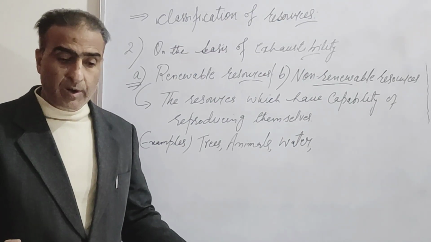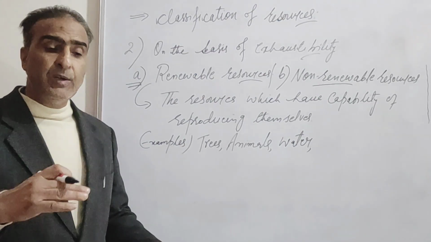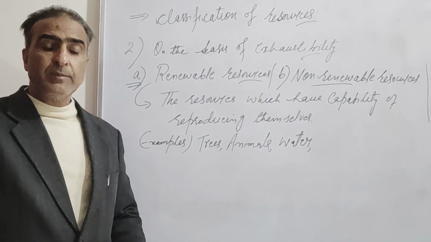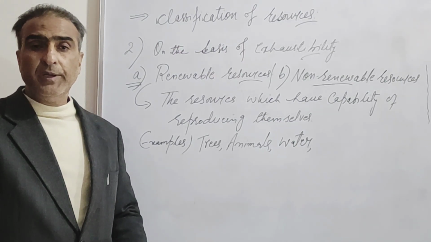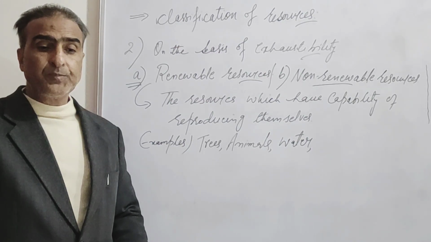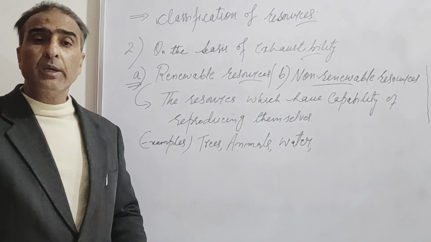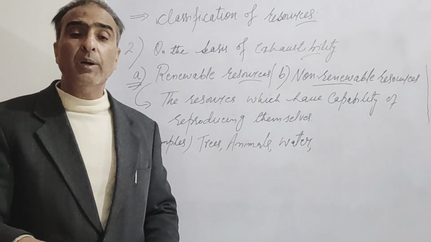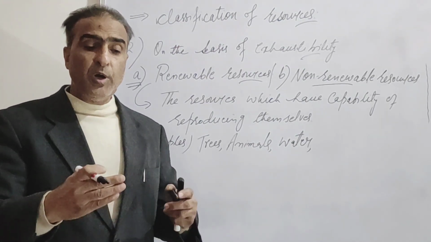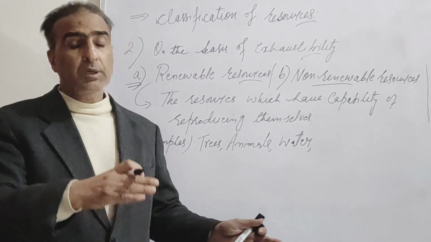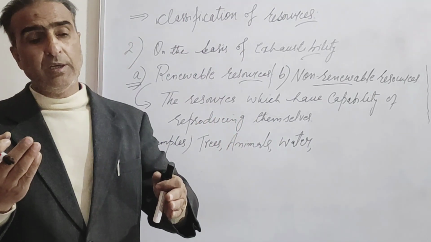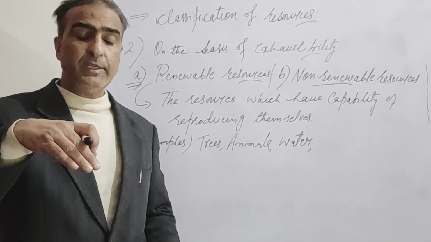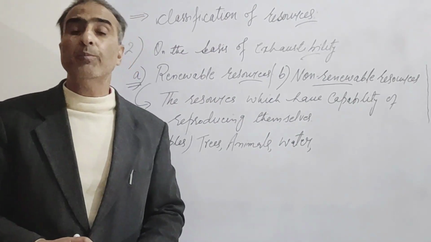Water changes into water vapor. That water vapor rises up in upper layers in the upper atmosphere. It gets condensed, then it comes down in the form of precipitation. So the process of evaporation plus condensation and then changing of water vapor into water comes down in the form of precipitation.